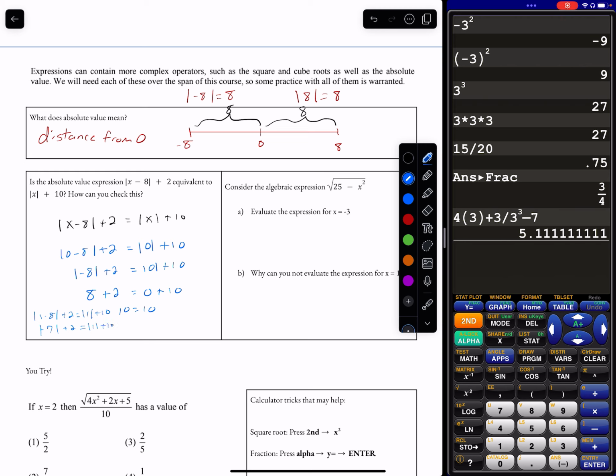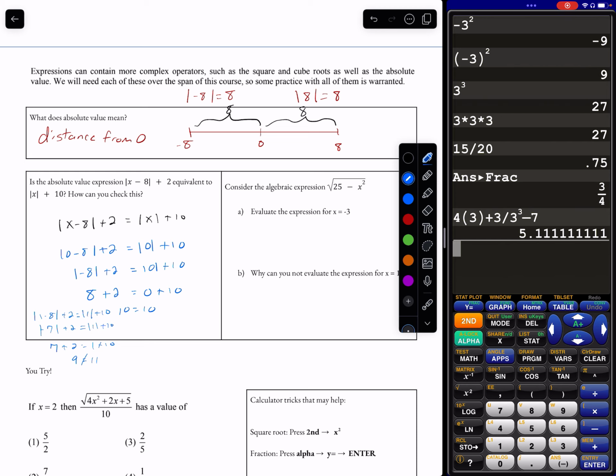The absolute value of -7 is 7 plus 2, and the absolute value of 1 is 1 plus 10. Does 9 equal 11? It does not. So we have to be very careful with absolute value, because sometimes values will work and sometimes values won't work.